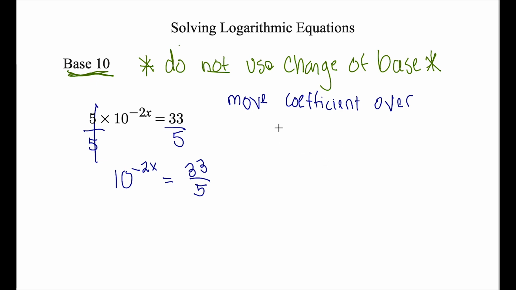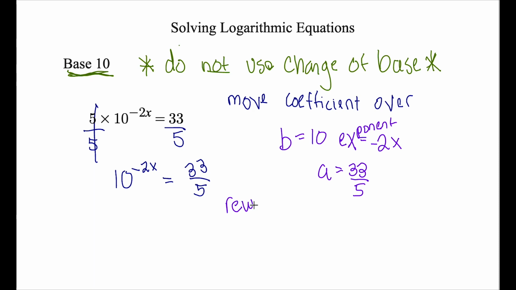In this case, my base is 10, my exponent is negative 2x, and my answer is 33 over 5. So we'll rewrite in logarithmic form.